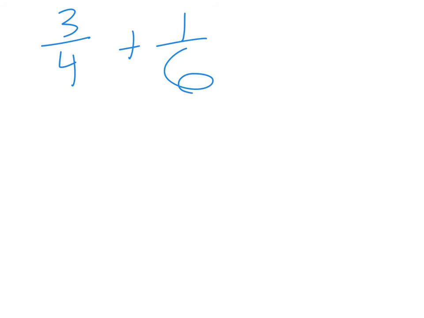This is going to be approached a little bit differently because the denominators are not currently the same. But not too bad. There's just going to be kind of an intermediate step. We go back to what we did at the very beginning of class when we were finding equivalent fractions. What we're going to do is find equivalent fractions for both 3/4 and 1/6 that have the same denominator.